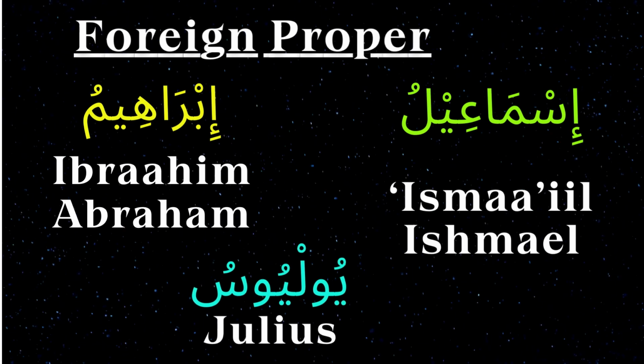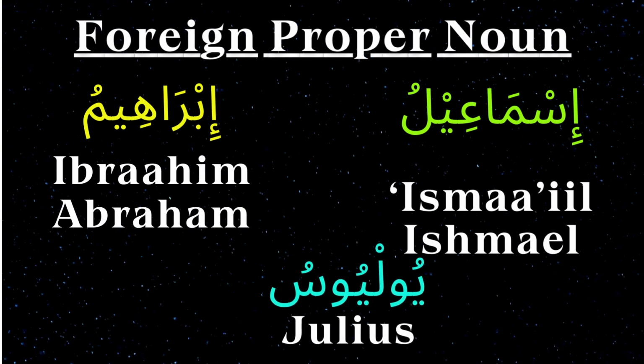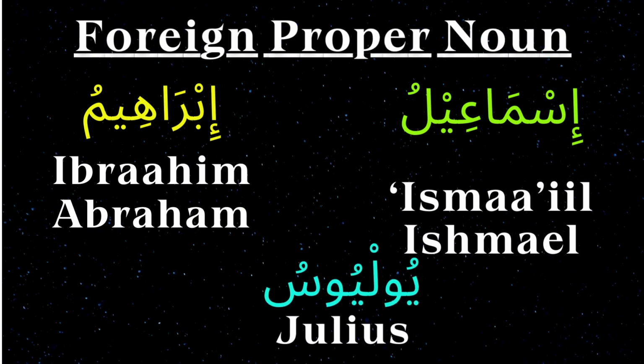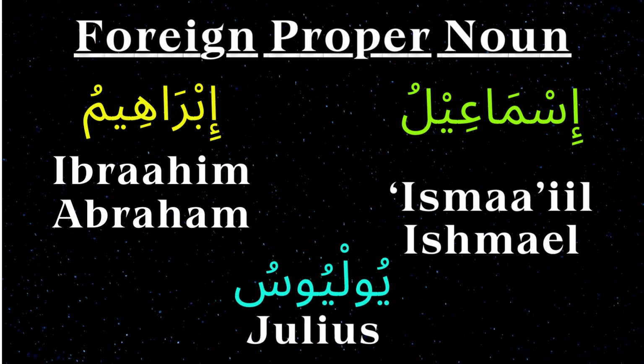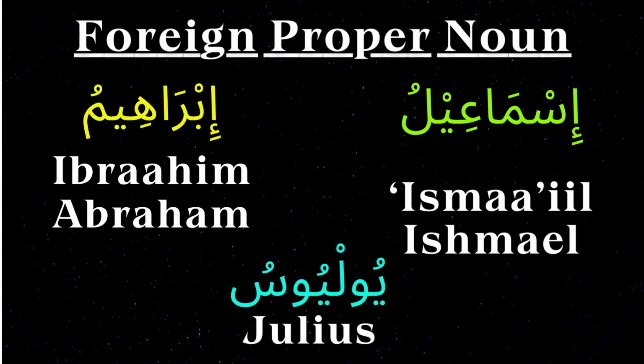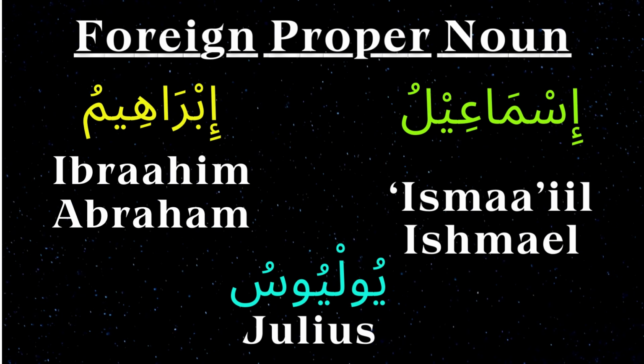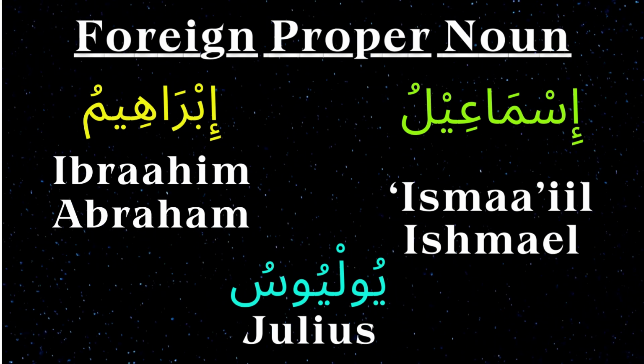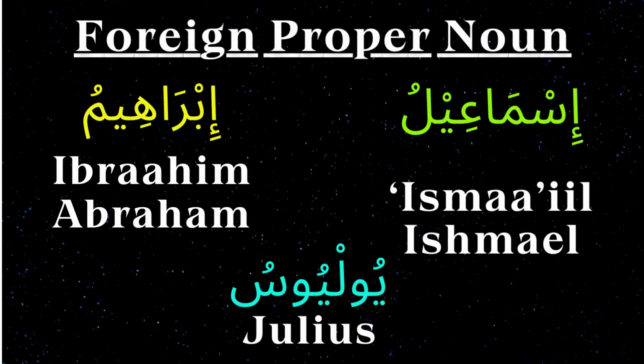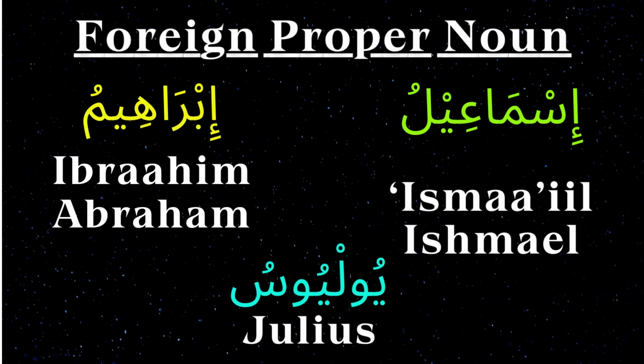For foreign proper nouns, we have Ismail, which is Ishmael, Ibrahim, which is also referred to as Abraham, and Julius.